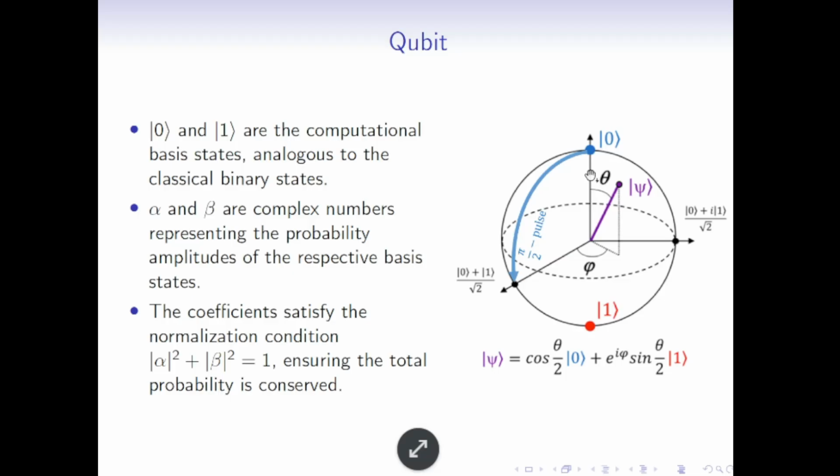Because what you do is you are essentially traveling on this. Using a magnetic field you can go from here to here, so you can go to a linear superposition state. Okay, now how do you know that you are in these states, right?